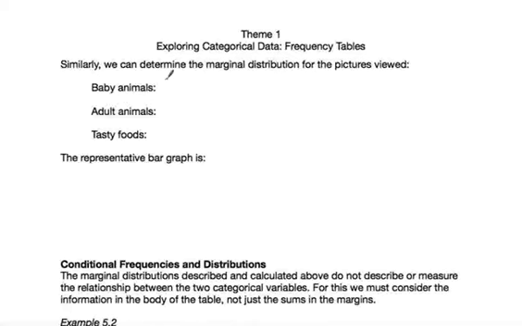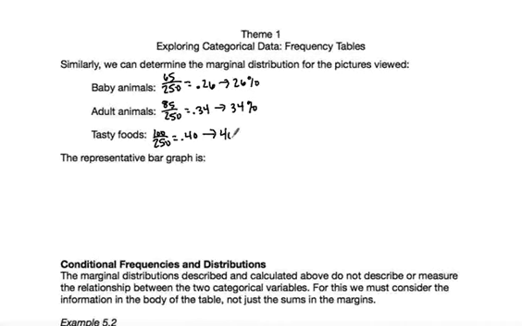So for baby animals, 65 of 250 would be 0.26 or 26%. Adult animals was 85 of 250 or 0.34, 34%. For tasty foods, you had 100 of 250, which is 0.40 or 40%.